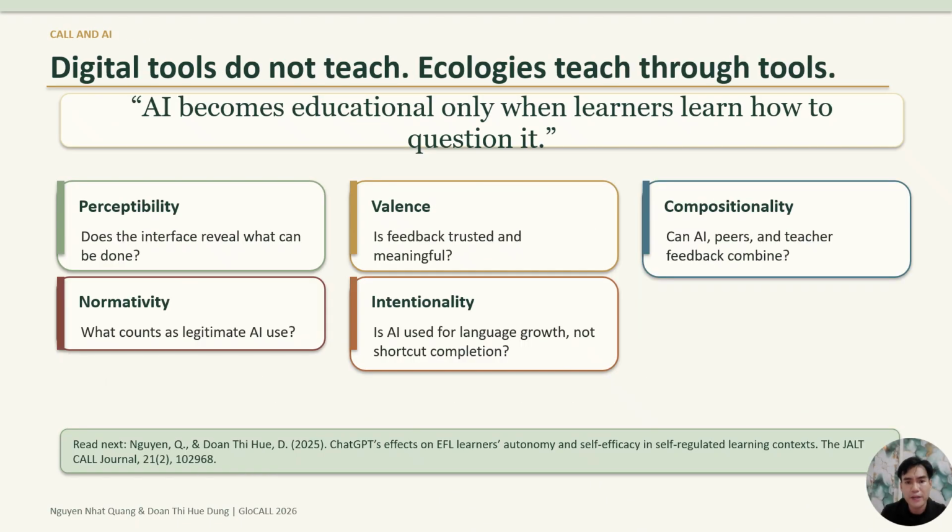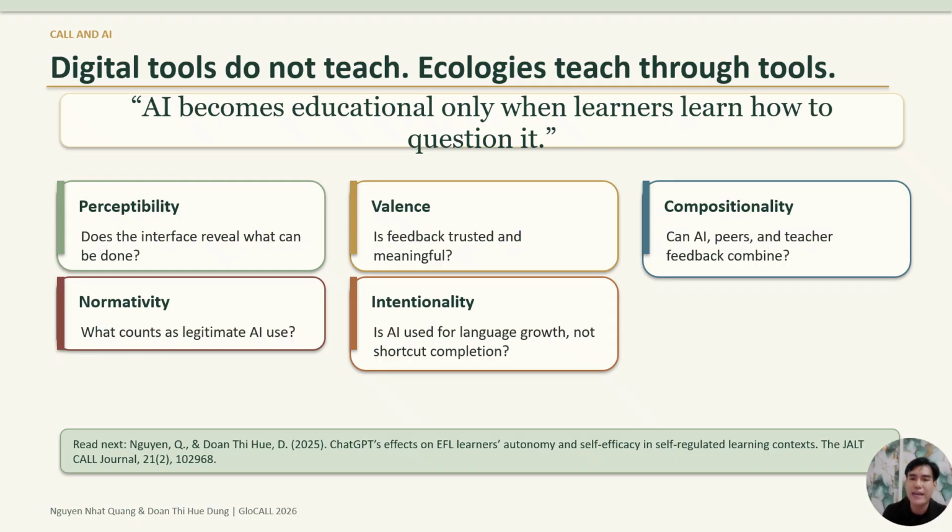This is especially important for GloCALL. Digital tools do not teach. Ecology teaches through tools. I'm not against technology. I use it too much as well, probably like many people in this room. But technology is not pedagogically useful or possible by itself. AI becomes educational only when learners learn how to question it.